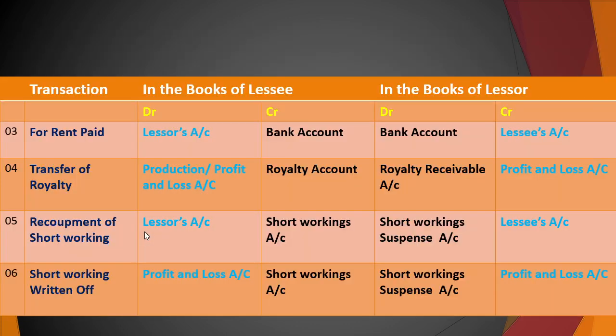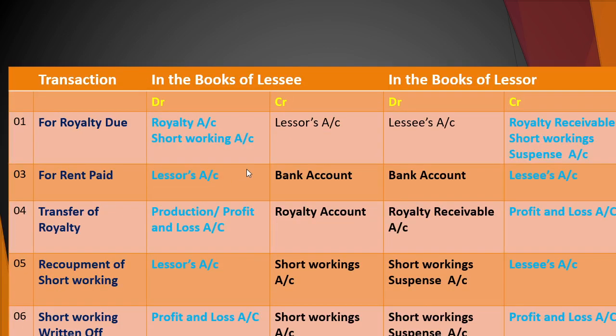And all the remaining entries are common, from 3rd entry to 6th one: for rent paid, for transfer of royalty or recoupment of short working, and short working written off. So all these entries are the same as in the case of with minimum rent account. There is no change. So in case of without minimum rent account, we have only 5 transactions, 1, 2, 3, 4 and 5.